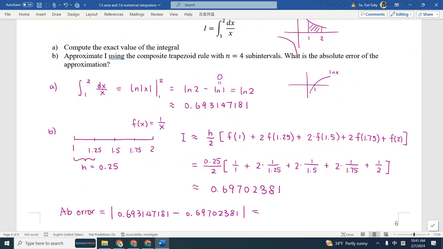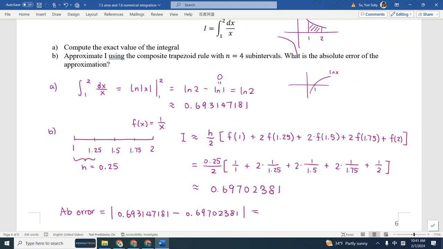I usually just use the bigger number minus the smaller number. So 0.6970238 minus the previous answer, which is ln 2.